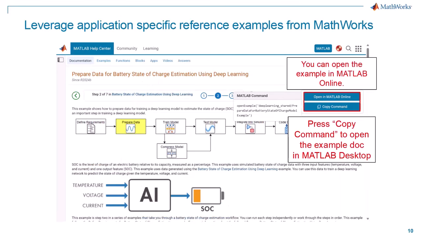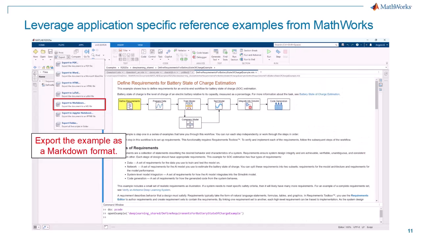So you open the documentations in the web page, and you can actually open the example in MATLAB Online. If you have the desktop version of MATLAB, you can press the copy command to open the example documentation in MATLAB desktop. Next, you can export the example as a Markdown format and feed it into GenAI so that AI can understand what's inside the documentation.